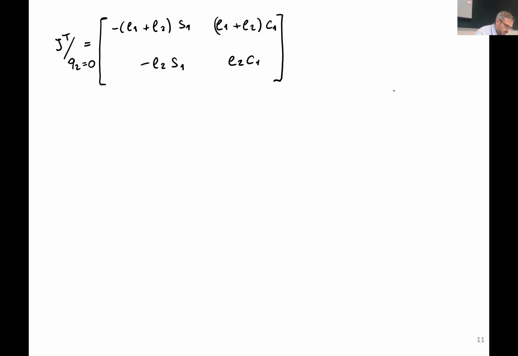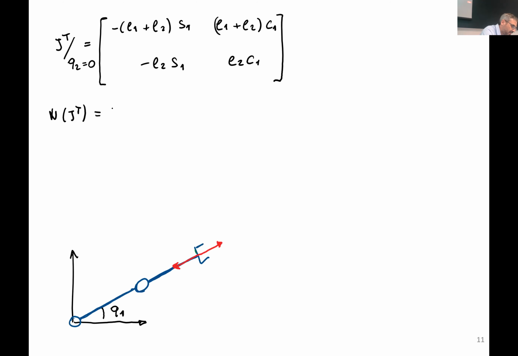So if we want to compute the null space of J transpose, we can find a vector, sorry, not V, F, so don't confuse, such that J transpose F is equal to 0.